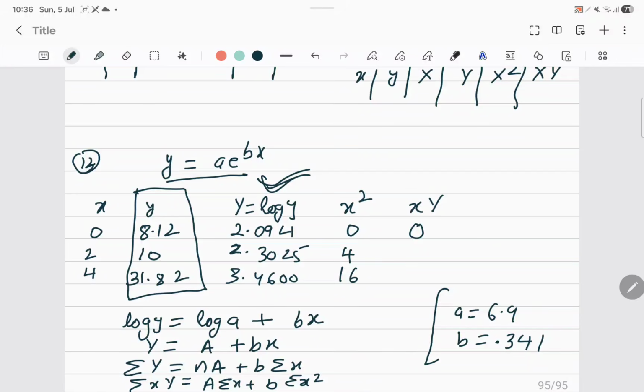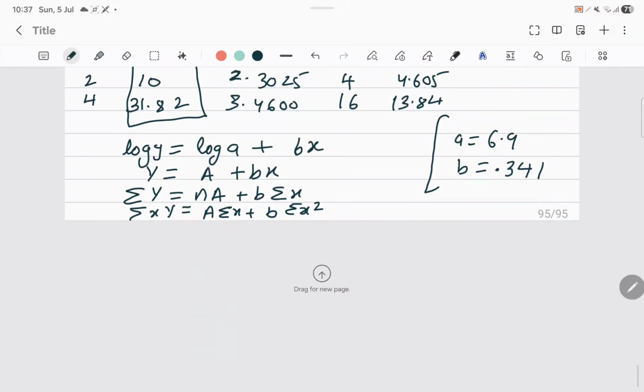So I got 4.605. Now next one is 4 into 3.46. So this one I got 13.84.